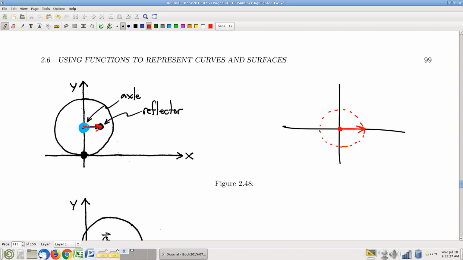Right? So the blue vector is going to be easy to understand. This red vector independently is going to be easy to understand. And then we just add blue plus red, and that'll give us the path of the reflector. Okay, so let's take these one at a time.